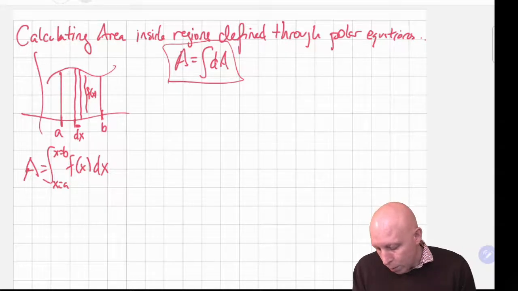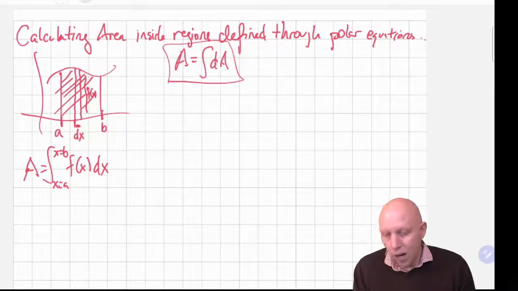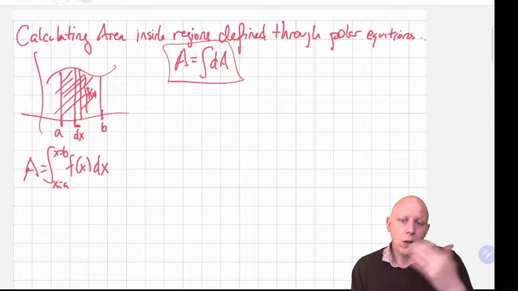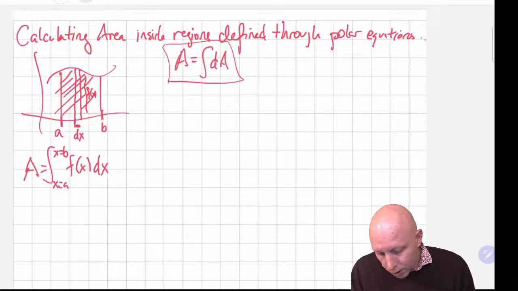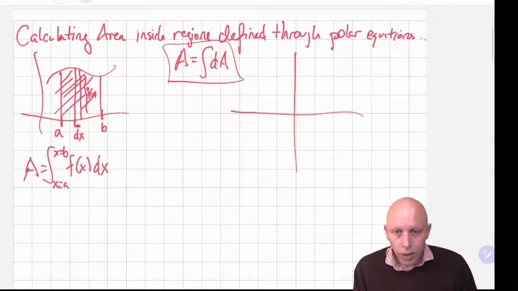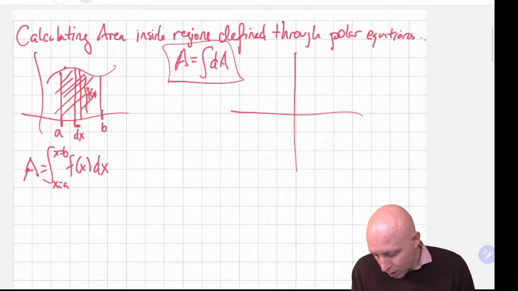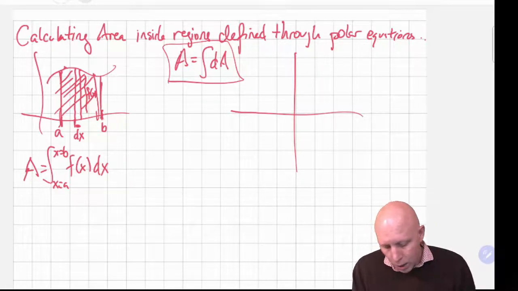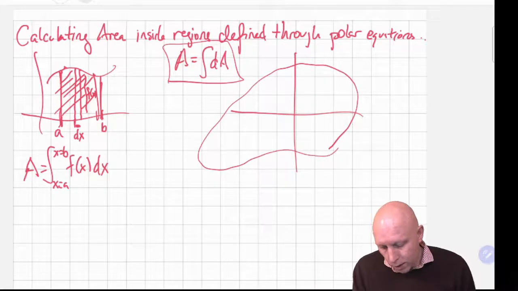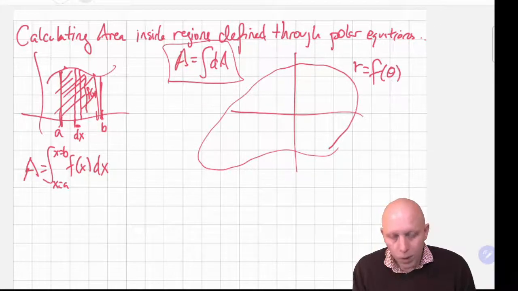Now we can talk about the area under a curve, but when our curve is a polar function. So in that case, what does it mean to be under the curve? We have this function that's defined, r equals f of theta.